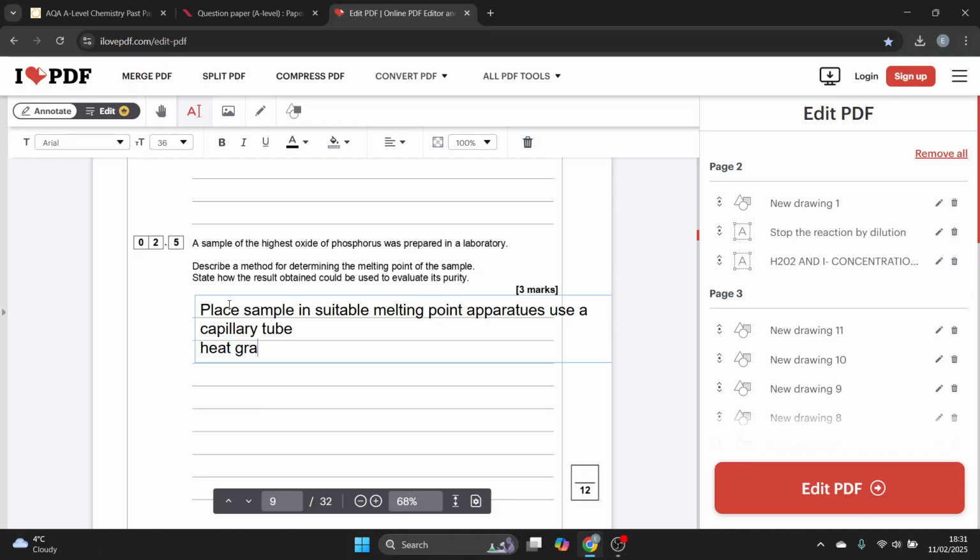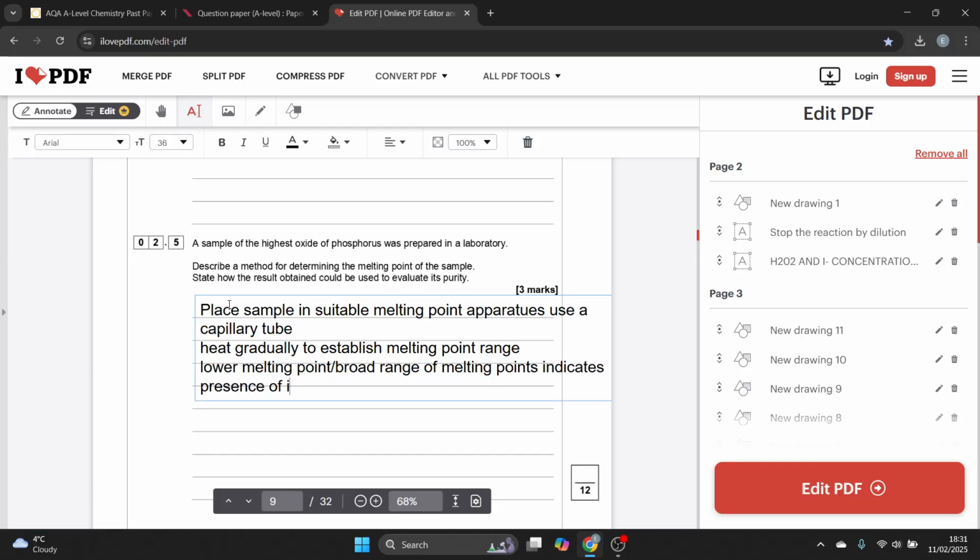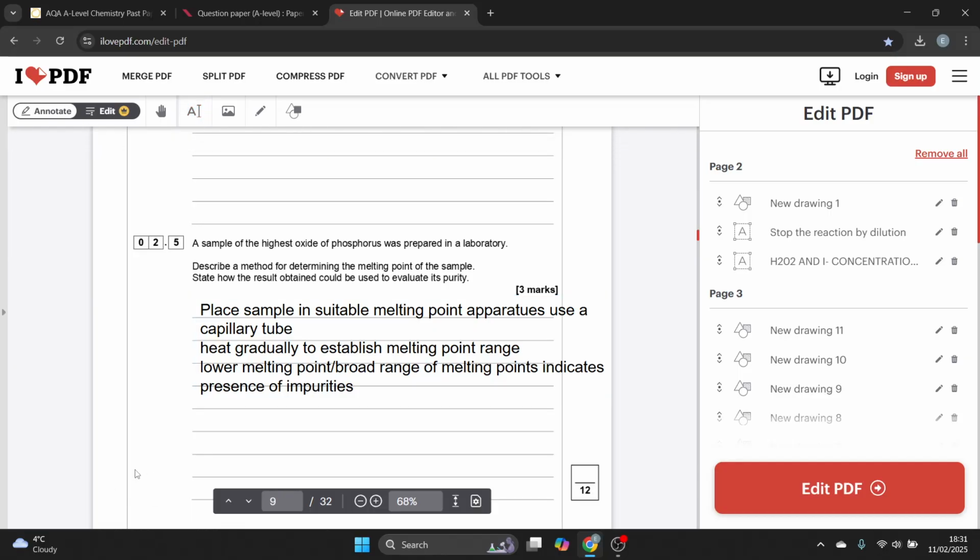Heat gradually to establish the melting point range. If it's got a lower melting point or broad range of melting points, that indicates presence of impurities. And if it agrees closely with the data book value and melts sharply over a narrow range, that indicates purity.